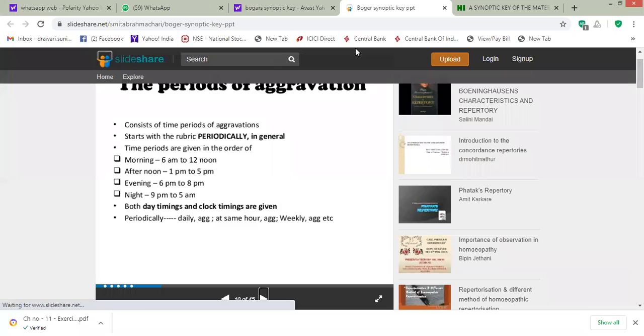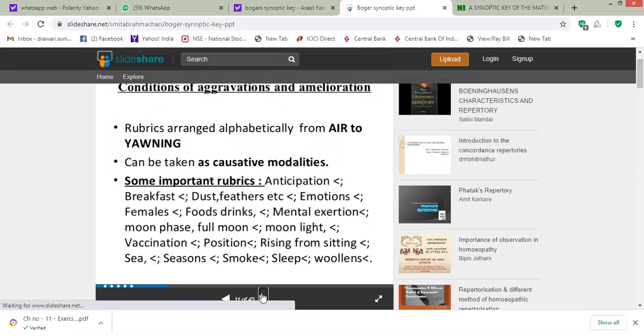So it is given in general as well as periodically. Both day timings and clock timings are given. Then conditions of aggravation and ameliorations are given, which are also arranged alphabetically.